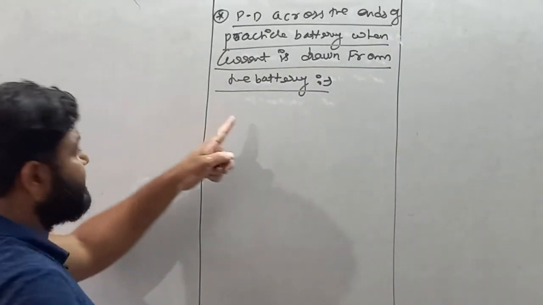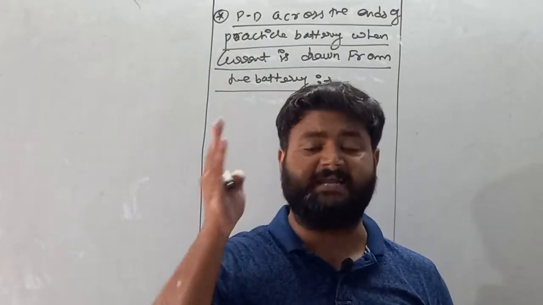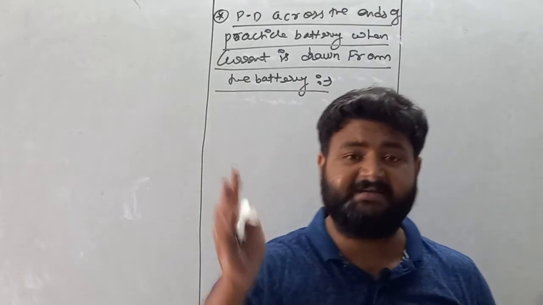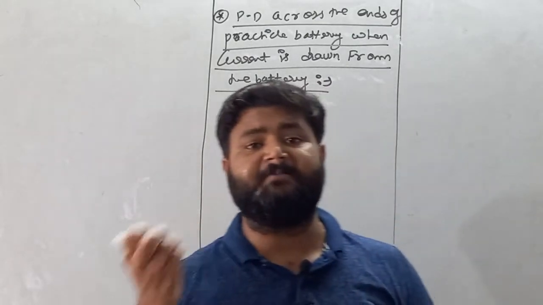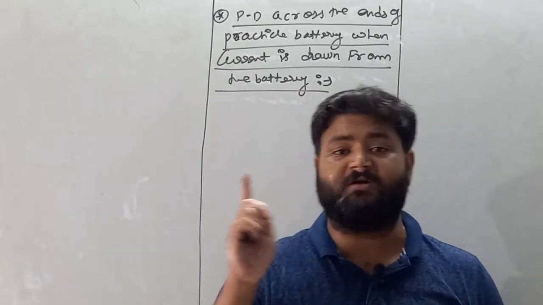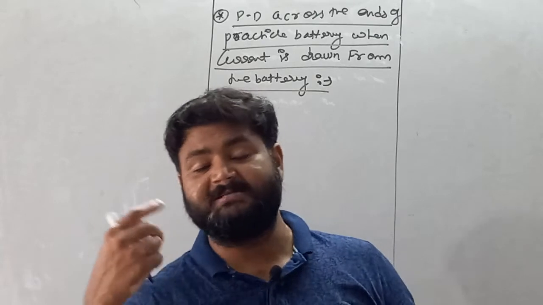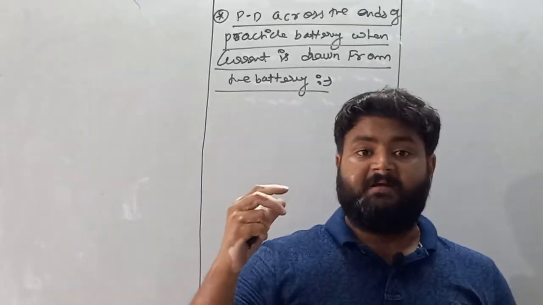So in this situation, dear student, two different cases are there. In the first case, we will discuss if current is drawn from the positive terminal of the battery, and in the second case we will discuss if current is drawn from the negative terminal of the battery.